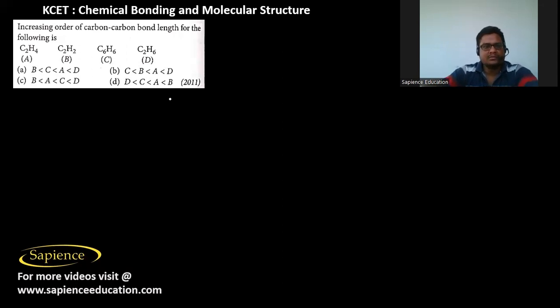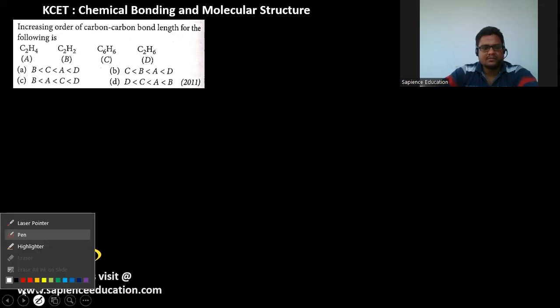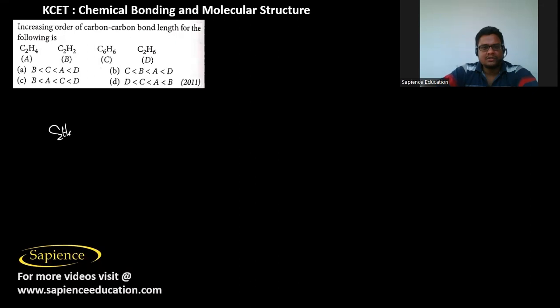So here it is told the increasing order of carbon-carbon bond length for the following. C2H4 is called ethene and the structure is that a carbon-carbon double bond is there, and four hydrogens are linked with it. And we have C2H2, which is called ethyne, and it has a carbon-carbon triple bond.